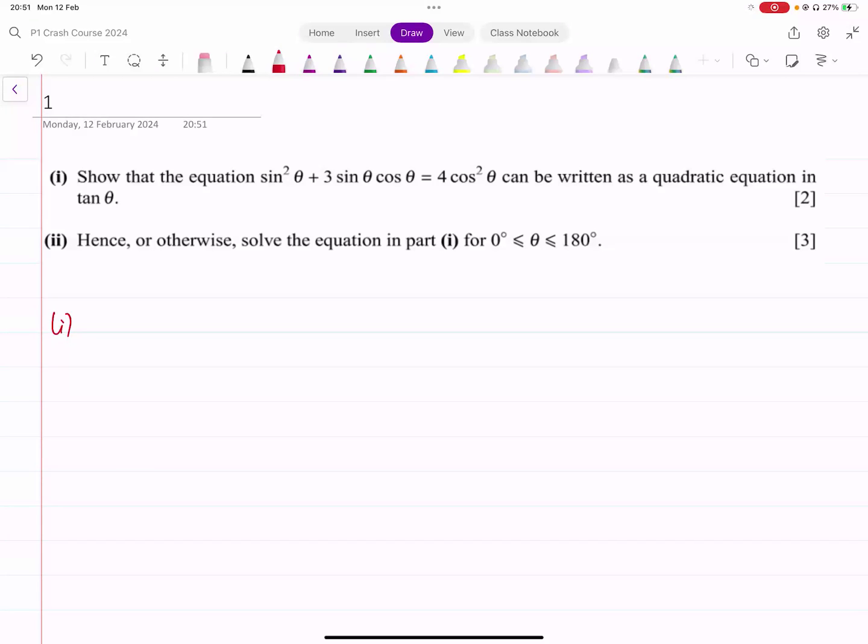So how do we approach this? First of all, anyone apart from Aima, then we'll ask Aima if nobody answers. Any idea? How do we want to write this in terms of tan?